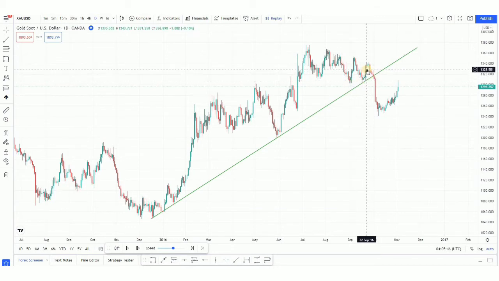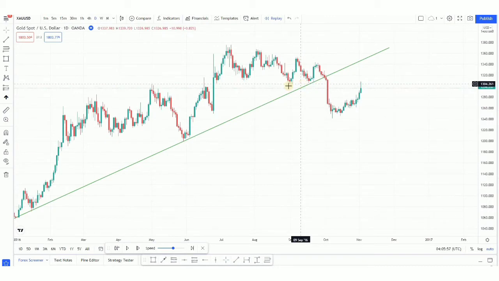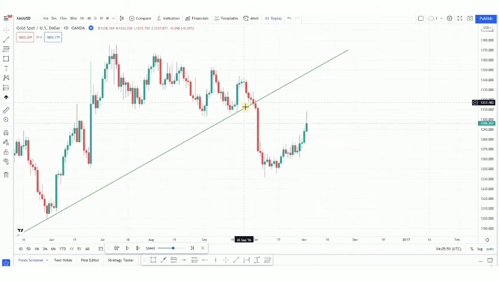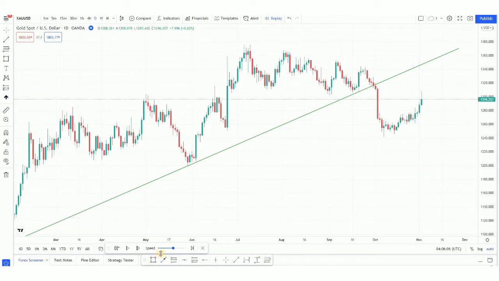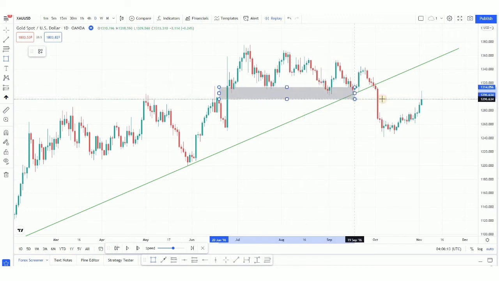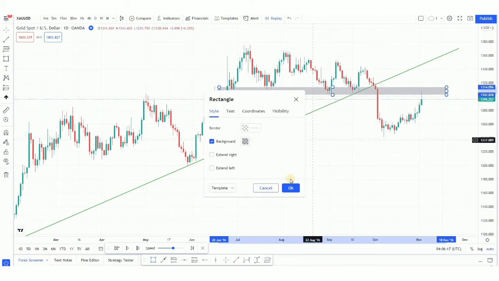Price was able to break this trend line with a very strong bearish candle, if you can see. And then price is heading back to the zone. So I am looking to enter this position when price comes back to retest this zone, which is a previous support and resistance zone. So that is how I'm looking to enter.